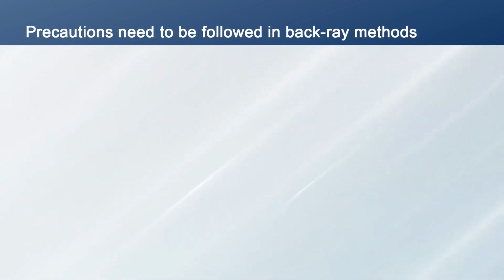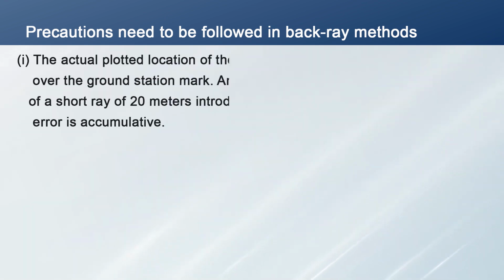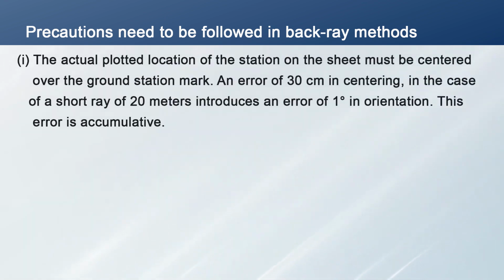Precaution: in orienting the table by the back ray method, the following precautions must be taken. The actual plotted location of the station on the sheet, not the center of the table, must be centered over the ground station mark. An error of 30 cm in centering, in the case of a short ray of 20 meters, introduces an error of 1 degree in orientation.